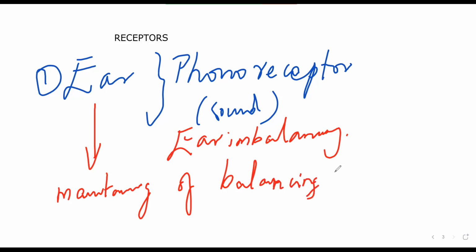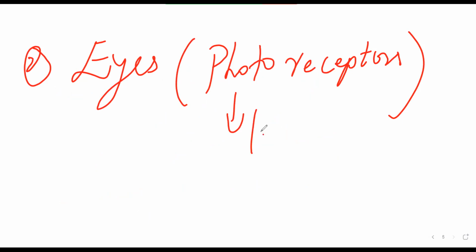That is the purpose of the ear, and this is called phonoreceptors. Next one is the eyes. Now you are able to see everything with the help of what? Eyes. This is called photoreceptors. Photo means light.